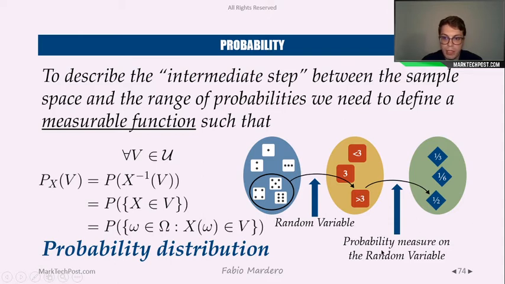So this probability measure on the random variable can be seen backwards. I go to x, so to my V, and then I go back to the sample space and compute the probability on this.